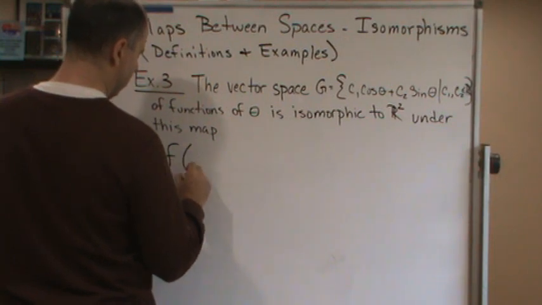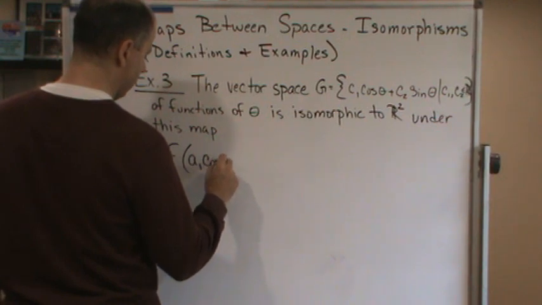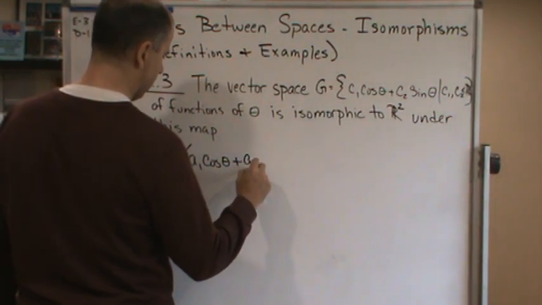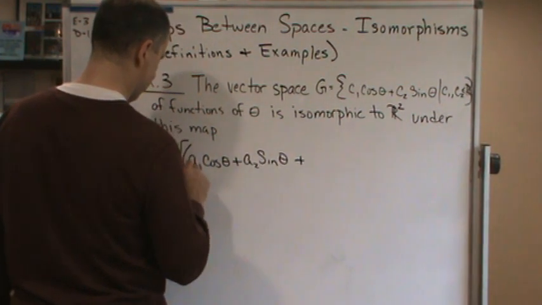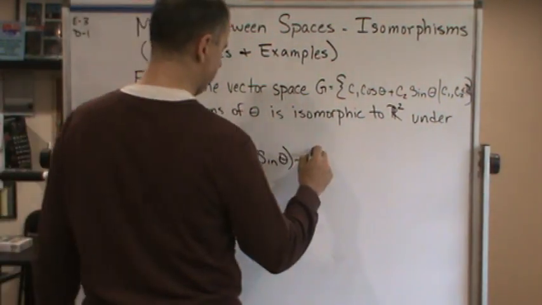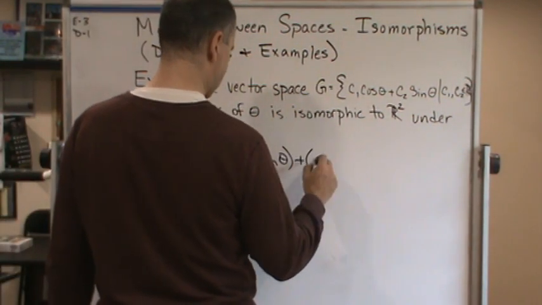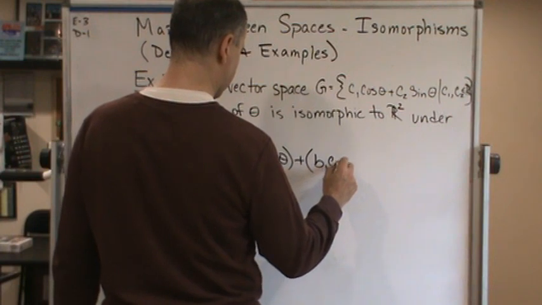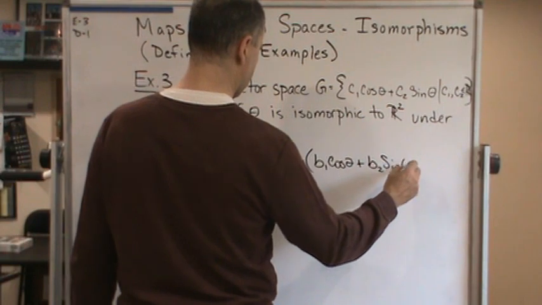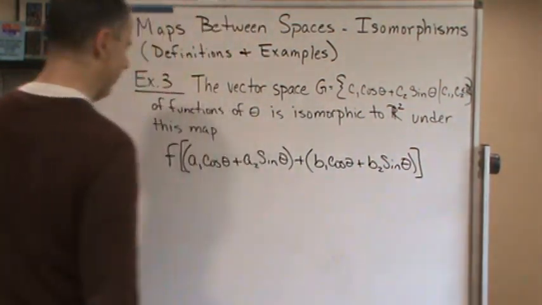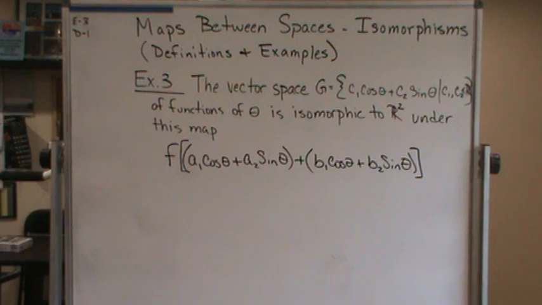Let's do f of A1 cosine theta plus A2 sine theta plus B1 cosine theta plus B2 sine theta.